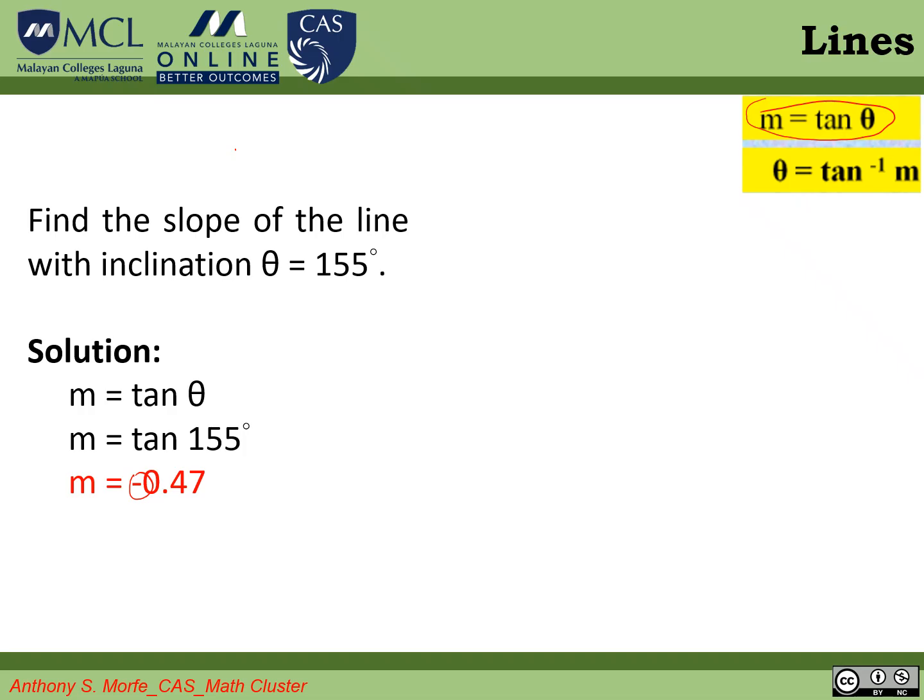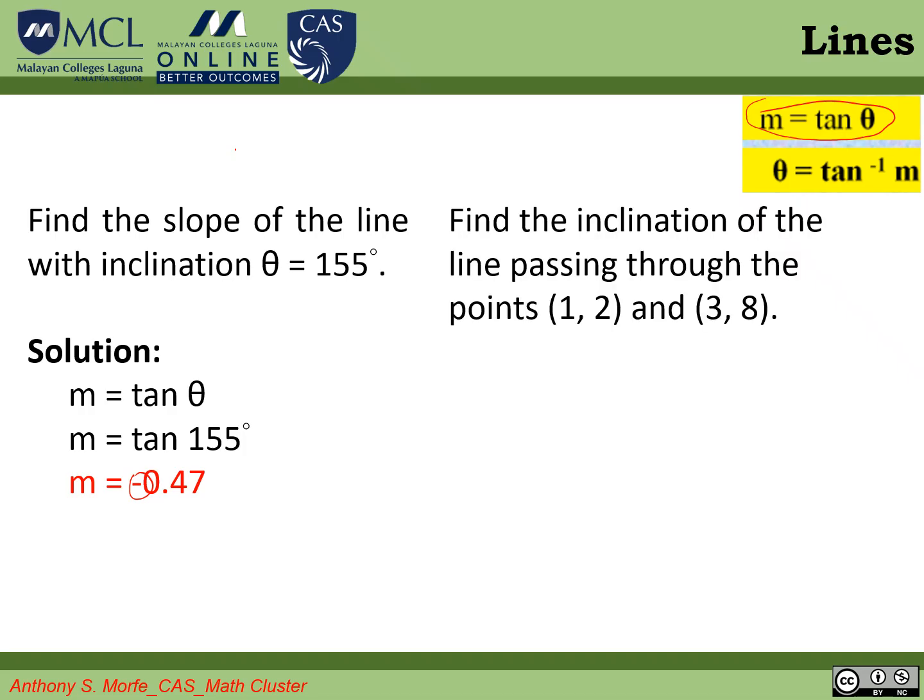It means that the line is decreasing. It's not pointed out here, but just remember, if the slope is negative, then the line is decreasing. This is the x and y axis, so perhaps the line is something like this, or perhaps here, decreasing.